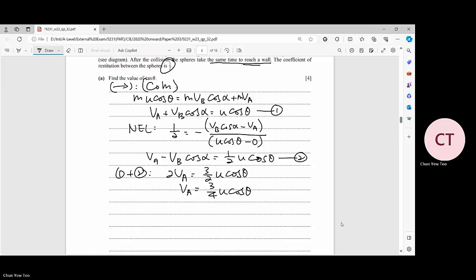Okay. So because A and B reach the wall at the same time, that means VA is actually the same as VB sine alpha.